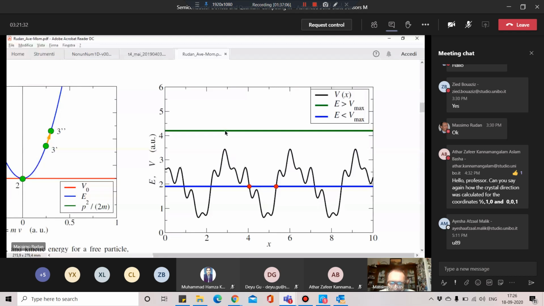Then if the particle moves to the right, the kinetic energy will increase because the distance between the green line and the black line is increasing, okay? When we arrive here, the distance between the green and the black line is very large, so the velocity here will be very large, but then when the particle reaches this point, the velocity will again be small and exactly equal to the velocity here, okay?